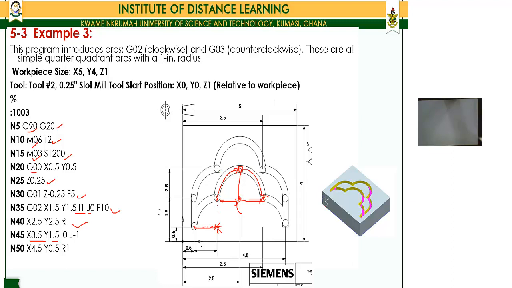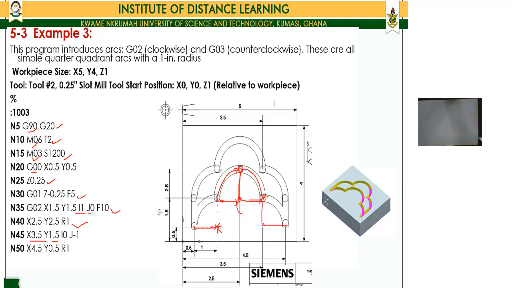So now let's look at the tool start position here and then the center. So there was no change in the X, and then there was a change in the Y. So I0 J-1. So we drop here, and then it continues with the same G02, and that's an X 4.5 and a Y 0.5.